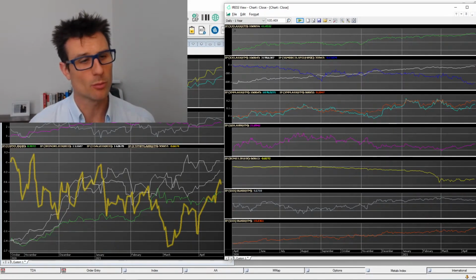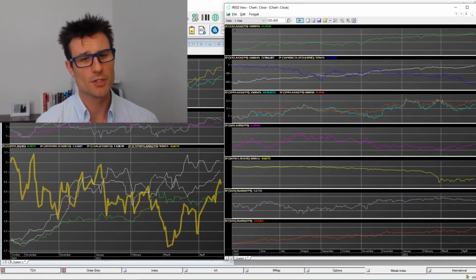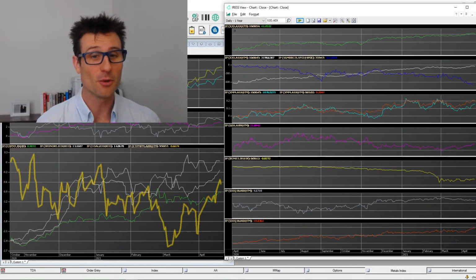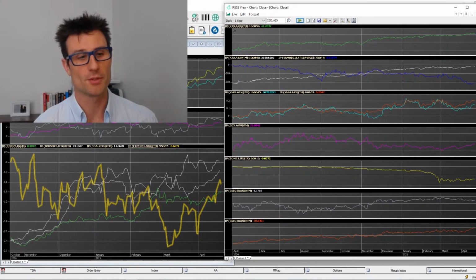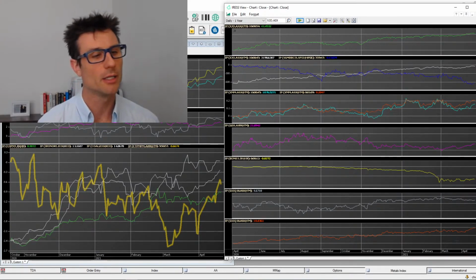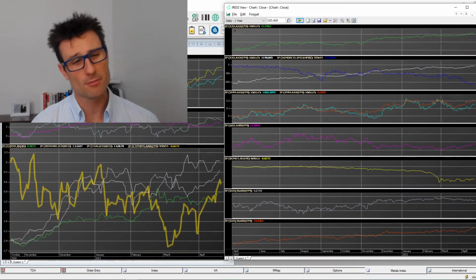Then we move down to the bottom one, which is looking at inflation within Australia. This one shows the Australian government inflation bonds versus the non-inflation bonds. So when we see this rising, we're seeing Australian interest rate expectations coming online and going higher and higher. So that's one aspect that we have seen ticking up a little bit after.